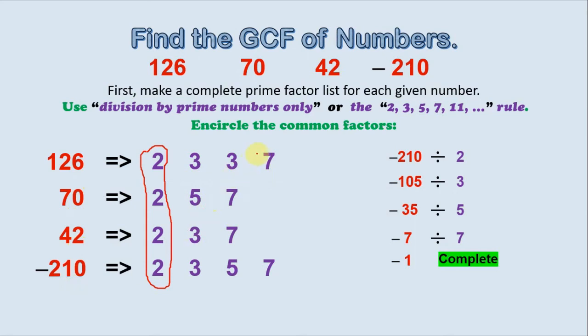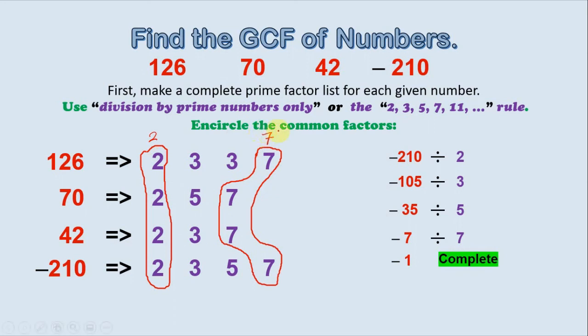Encircle 7. After 7, our search for more common factors is over, since there aren't any more common factors to be found. Overall, we have found 2 common factors which are prime common divisors 2 and 7.